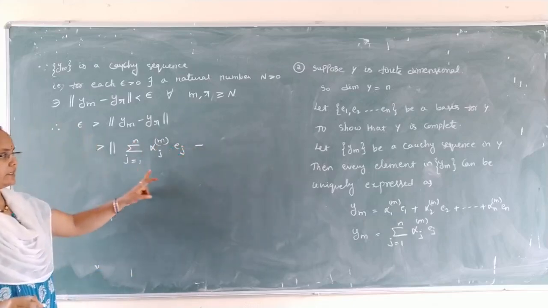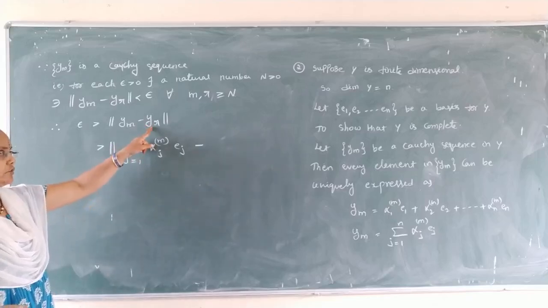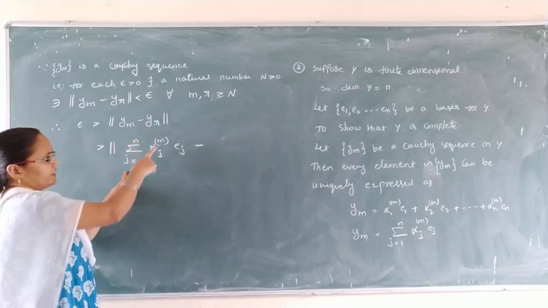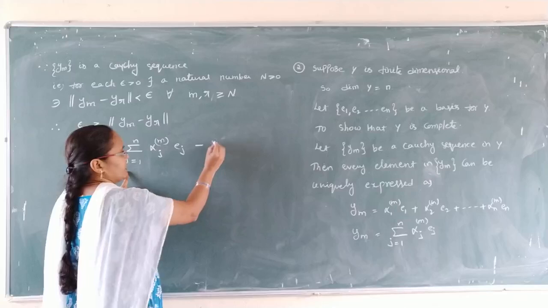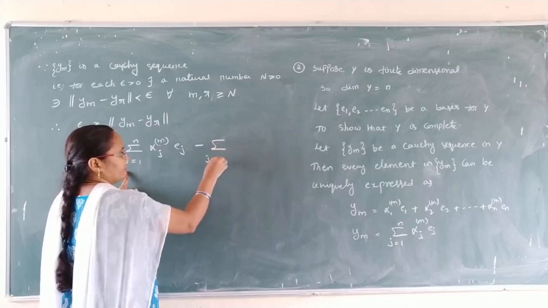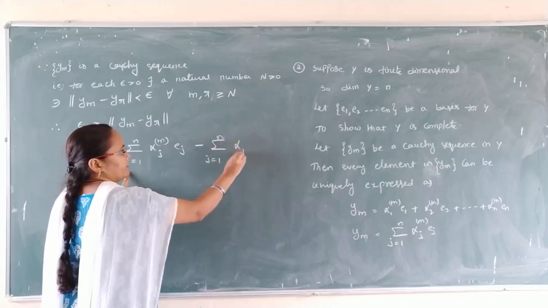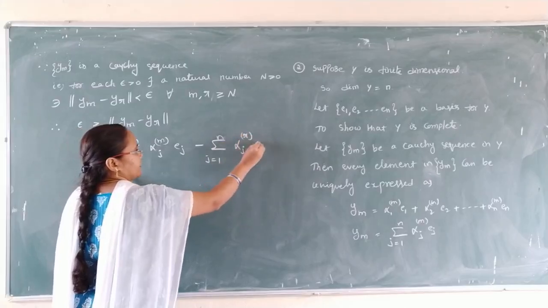Similarly, we substitute the yr value: in place of m we write r, so summation j equals 1 to n of alpha jr ej.